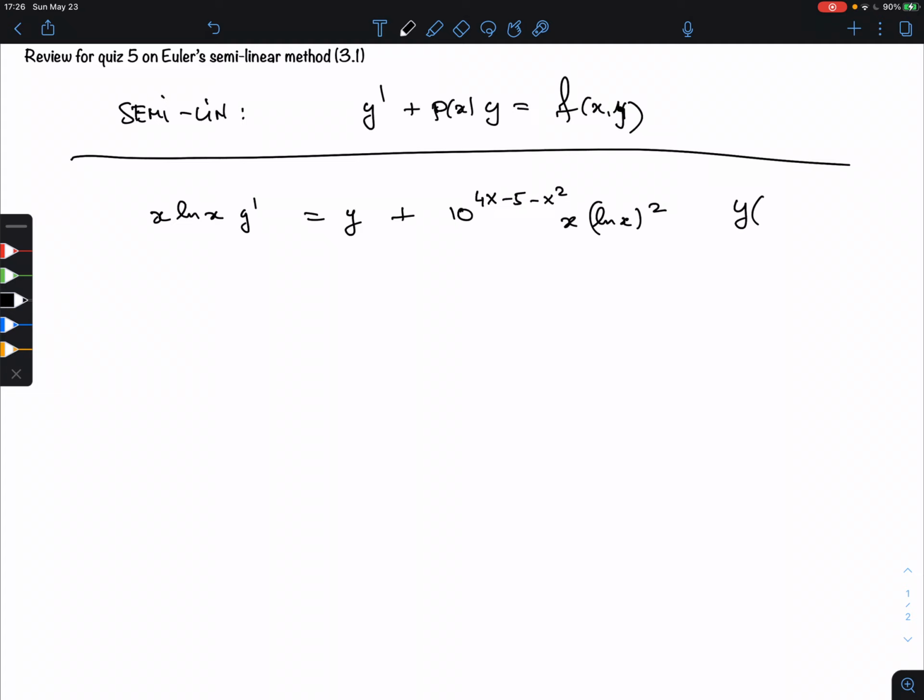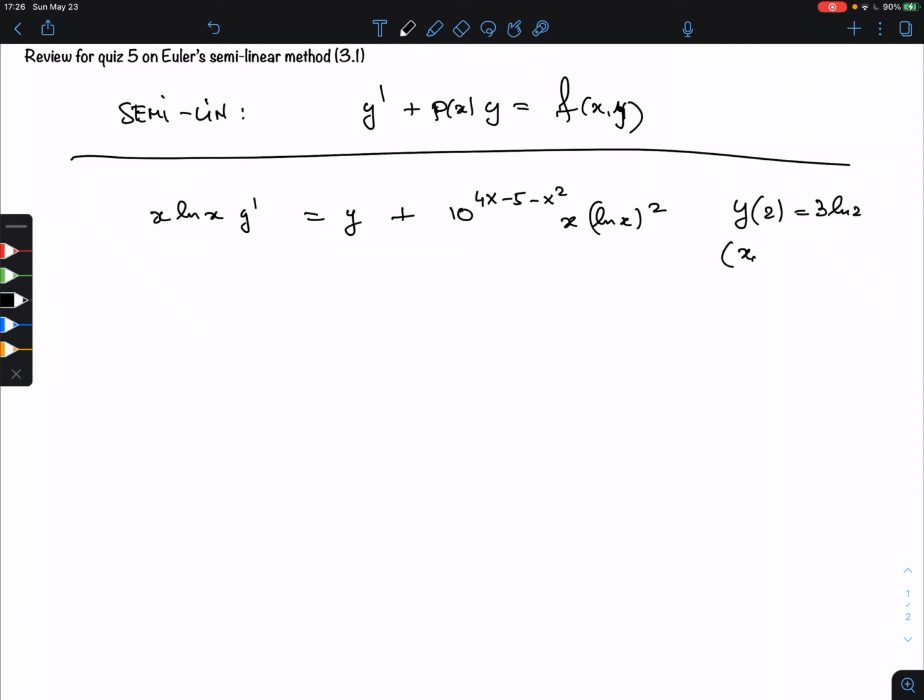Now, notice that it's actually not in the standard form because of the x ln x, so I'm going to have to divide by it. In particular, I cannot expect these things to be 0, so x cannot be 0 and x cannot be 1. So I'm going to start from 2. And I'm going to say the special value there is 3 ln 2.